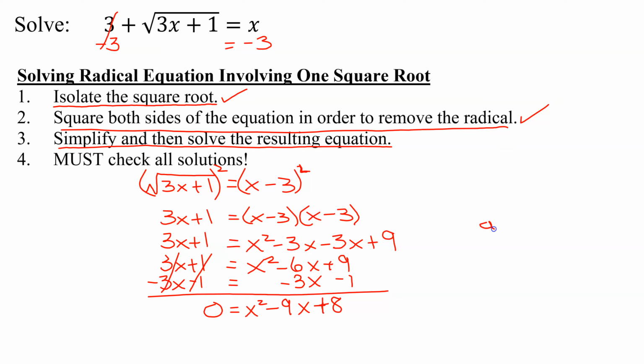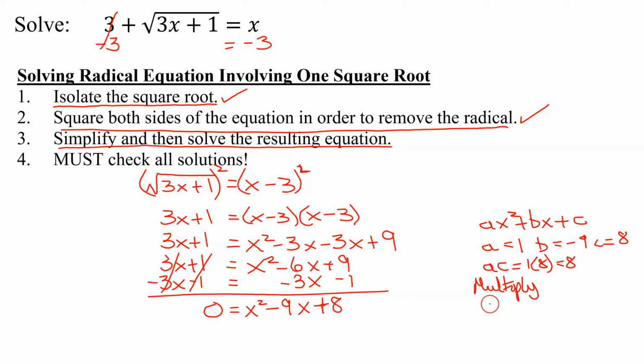And remember, we're going to compare that to ax squared plus bx plus c. What is a, the coefficient of the x squared? It is 1. B is the coefficient of the x, negative 9, and C is the constant, which is 8. A times C is 1 times 8, which is 8. So I need two numbers that multiply to AC, which is 8, and add to B, which is negative 9.